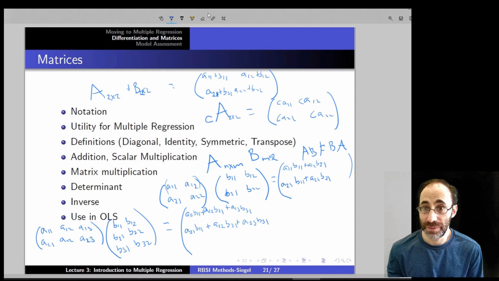The column for the second one is still 1, so we're still in the first column. Now we do the same thing over here. We take the first row again, but multiply by the second column. So now we have A11 B12 plus A12 B22 plus A13 B32.